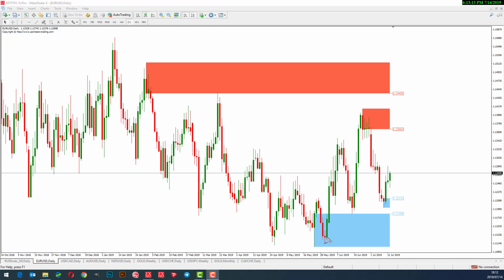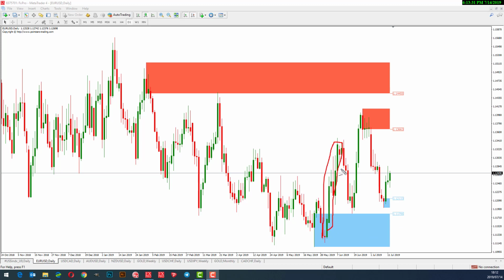You have to read the structure and see where the market is making the strongest impulsive moves. As it is on dollar, we hit a strong demand area. Now we've got strong impulsive moves to the upside.